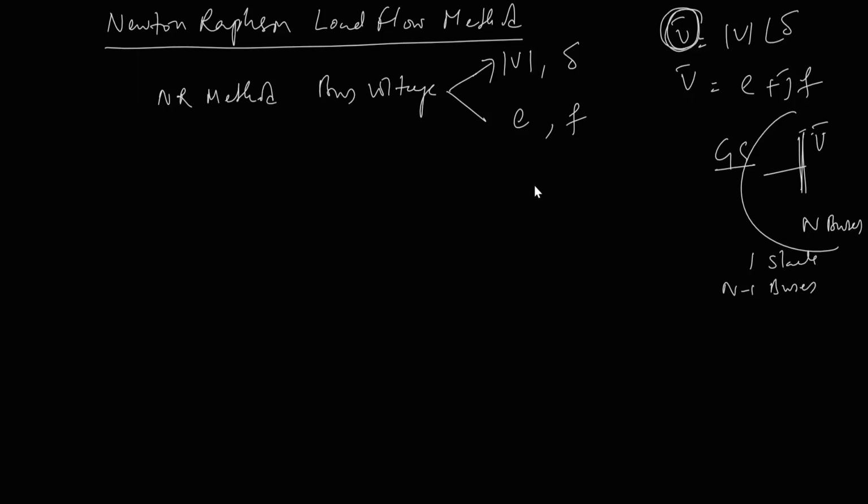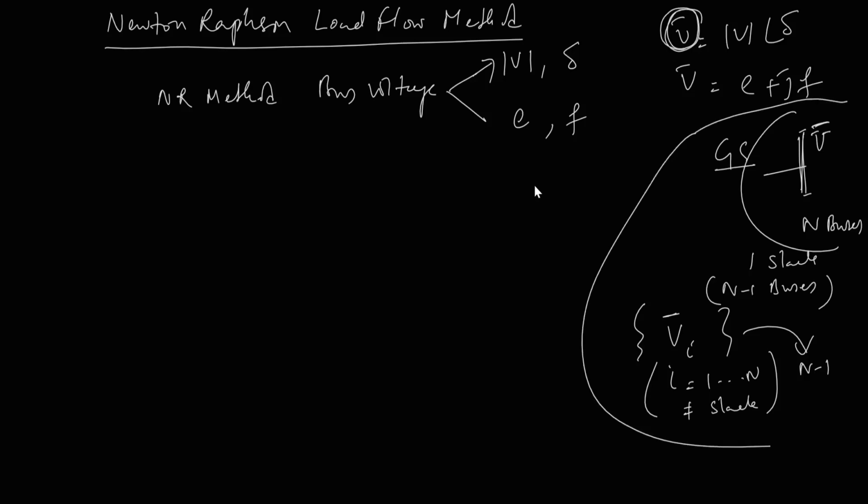So altogether we need to solve for the voltage phasors Vi for i running from 1 to n, where i is not equal to slack. That means i is actually n minus 1. These are n minus 1 equations to solve for the n minus 1 bus voltages. That is the case in the Gauss-Seidel method.